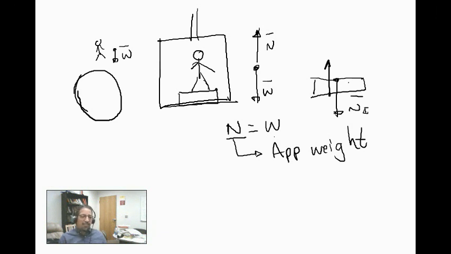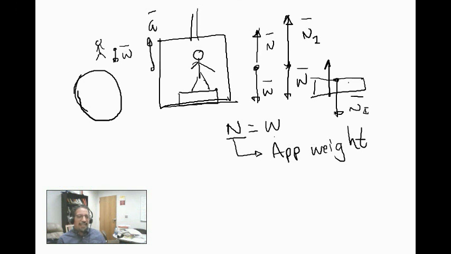But in the non-normal case, when your elevator is accelerated, if you have an acceleration upwards, then your normal force N2 is going to be larger. You still have the same weight, but N2, when there's acceleration, is larger than the weight, so your apparent weight is larger in an accelerated elevator.